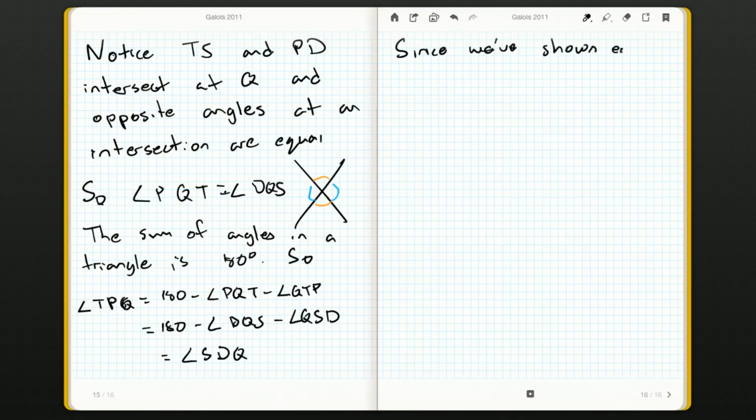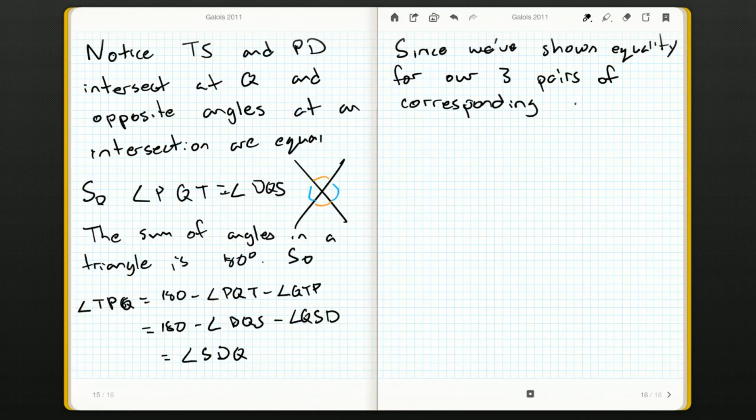So since we've shown equality for our three pairs of corresponding angles, we conclude, and you have to make sure you get the order of the letters right, because we write down the letters in a very particular way here to show similarity.